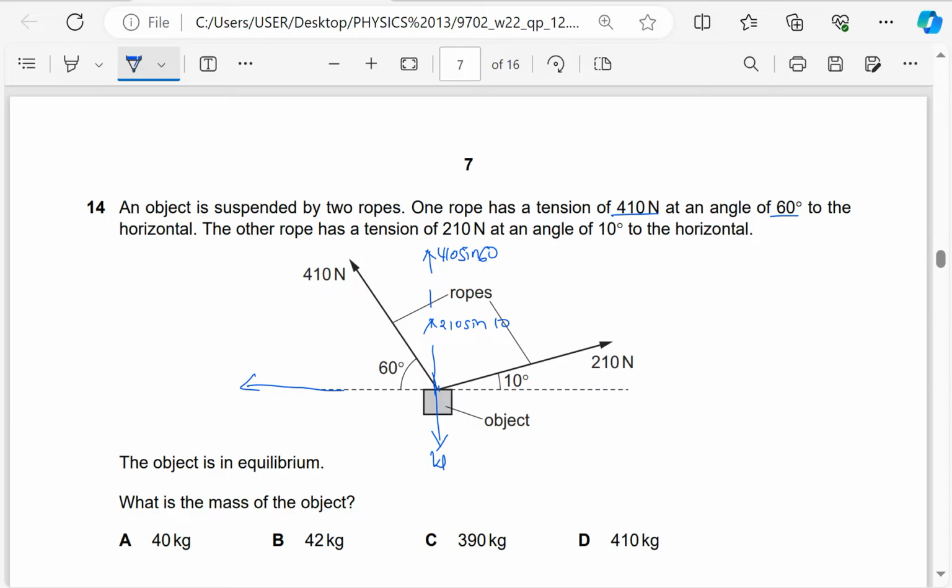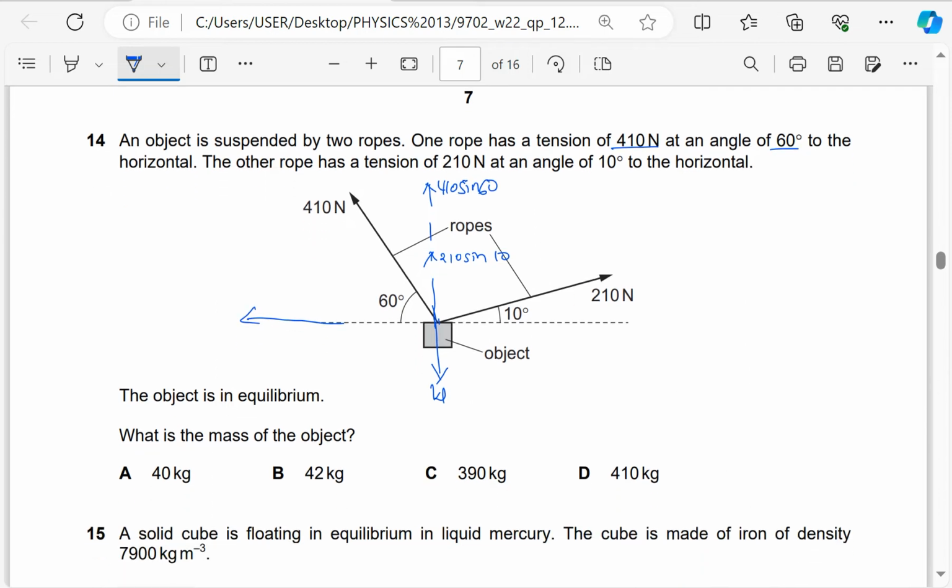The rope has tension, and at that angle the object is in equilibrium. What is the mass of the object? So I'll just consider the vertical. In the vertical, remember the weight is mg, which is downwards, and should be equal to 410 sine of 60 plus 210 sine of 10.